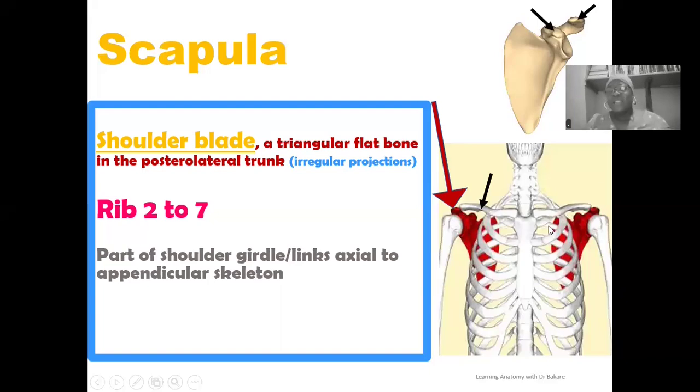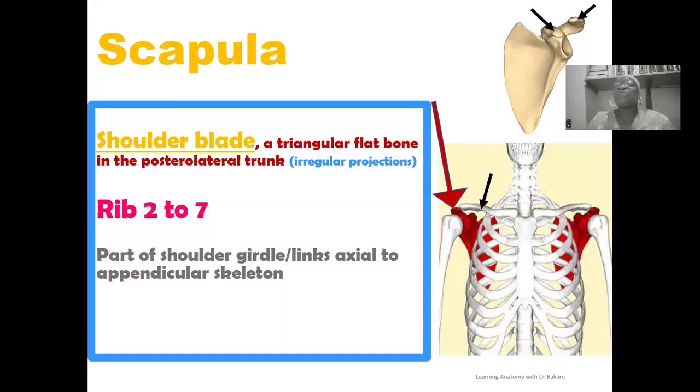This is the rib cage here in the anterior region. So you have the scapula connecting to the axial skeleton, specifically the rib cage, through the clavicle. The clavicle at this point is specifically connected to the sternum. We know that the sternum forms the anterior midline region of the rib cage. So it is through the clavicle that the scapula connects with the axial skeleton.